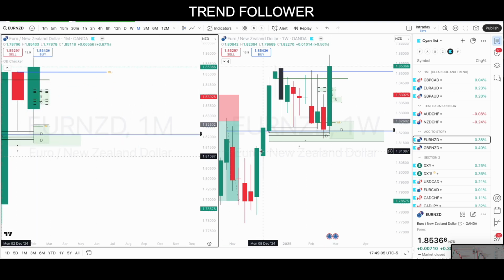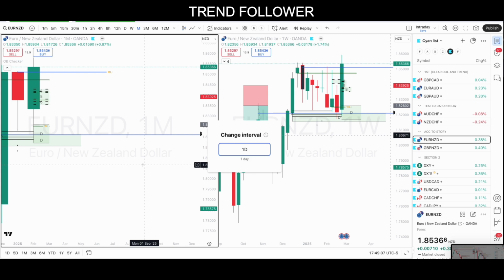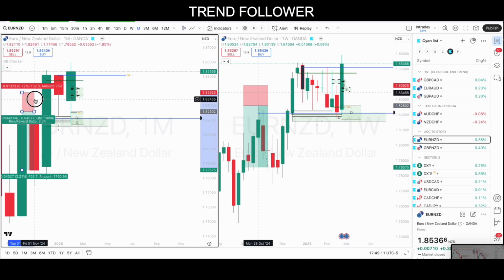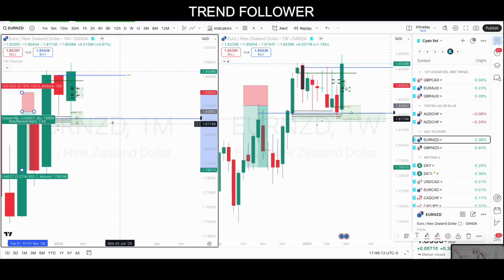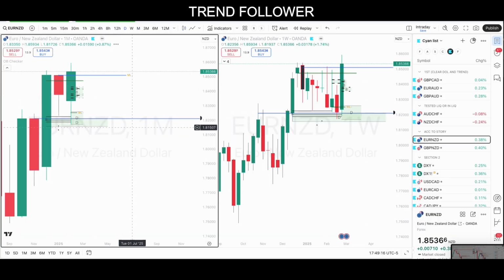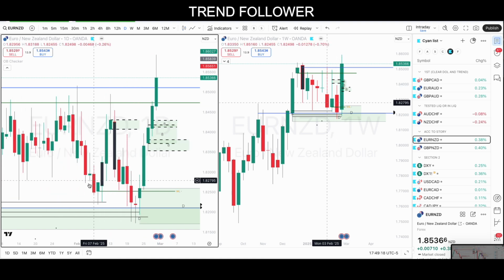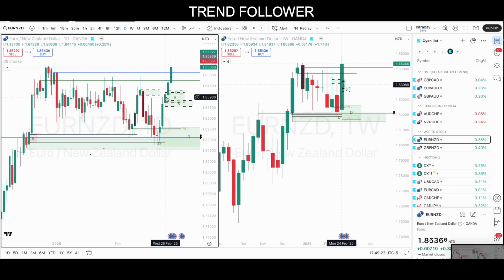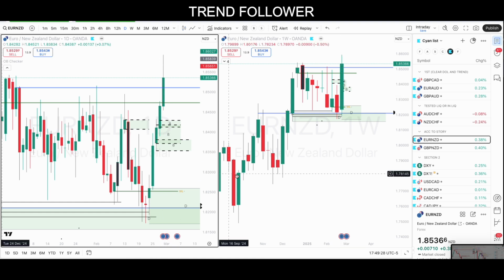This was a monthly block, and there I found right here a monthly block, right? This blue line. And there what I found was just below this monthly block was a daily demand, so I took an entry here, took an exit here. I wasn't targeting all the way down there, but got my 2 RR.